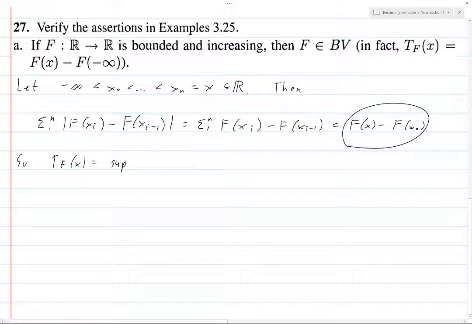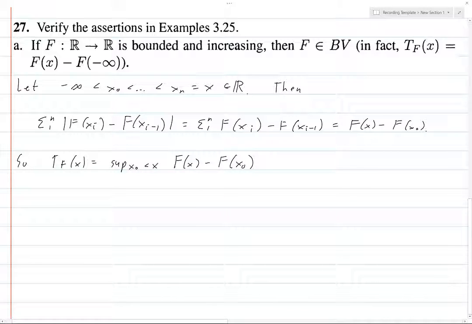But really the only thing that's going to vary here is this value of x naught. So it's a supremum over all x naught, and in any partition, x naught is going to be strictly less than x. And that's really all we know. So it's a supremum over all x naught less than x of f of x minus f of x0.